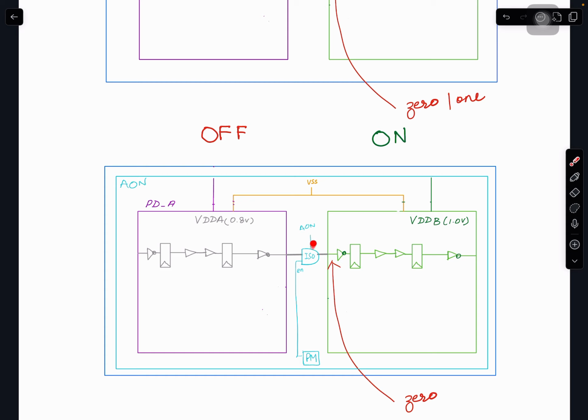The other thing is the supply voltage for this AND gate. This AND gate has two PMOSes in parallel and two NMOSes in series. They need to be connected. The PMOSes need to be connected to a supply voltage. You cannot give this supply voltage, right? Otherwise, it's the same problem here. So you need to connect this to a supply voltage which at least stays on when this guy is on.